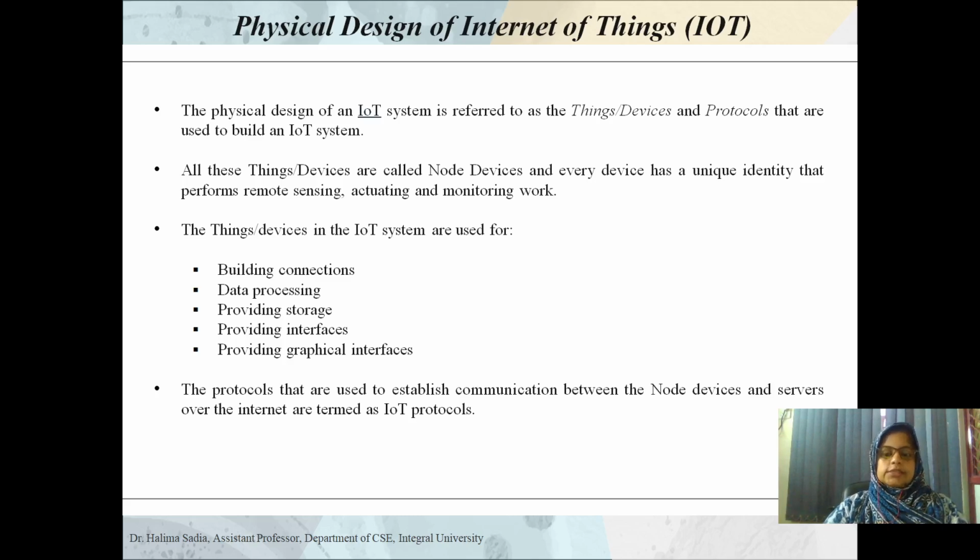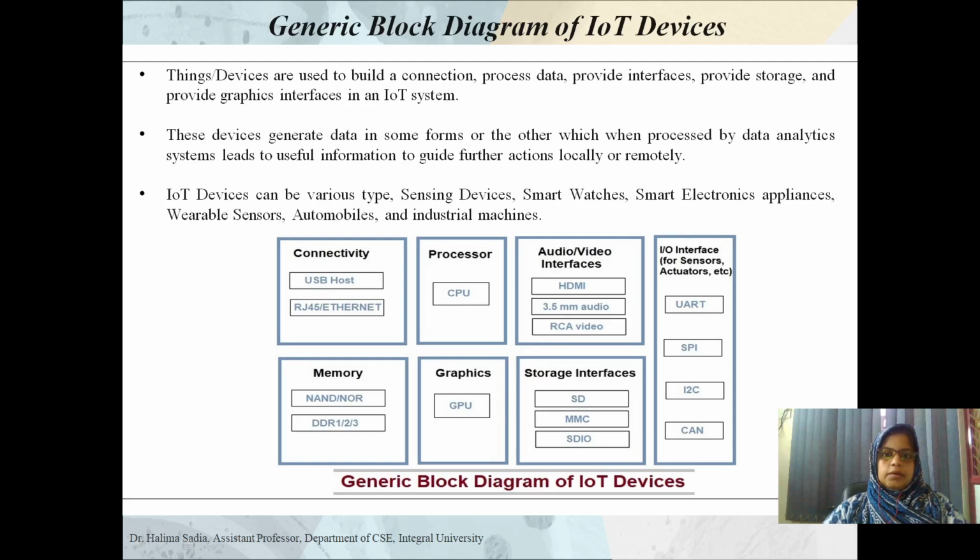These node devices are basically the design units of an IoT system, and they are used to build connections for data processing, to provide storage, to provide interfaces and to provide graphical user interfaces to the system. The protocols in turn are used to establish the communication between the node devices and the server devices, and there are a number of protocols and interfaces that are required to be seen when we are establishing an IoT system's connections.